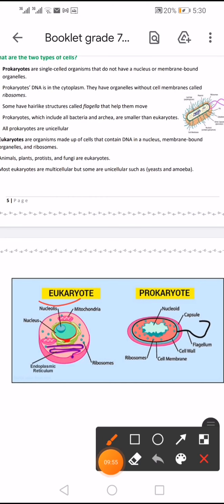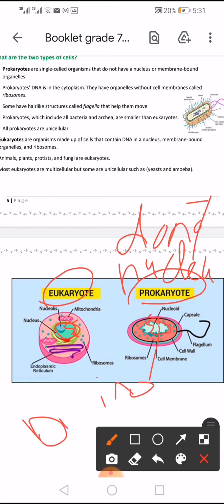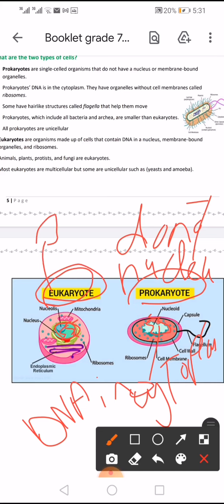Eukaryotes like humans and animals have a nucleus, and their DNA is present inside the nucleus, while prokaryotes do not have a nucleus, so their DNA is present in the cytoplasm, in the fluid. While in eukaryotes, DNA is present in the nucleus, because eukaryotes have a nucleus.